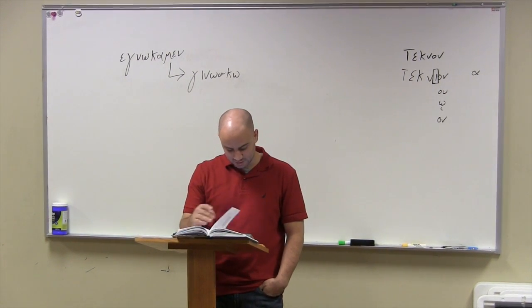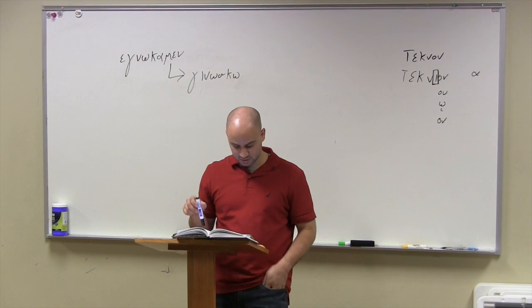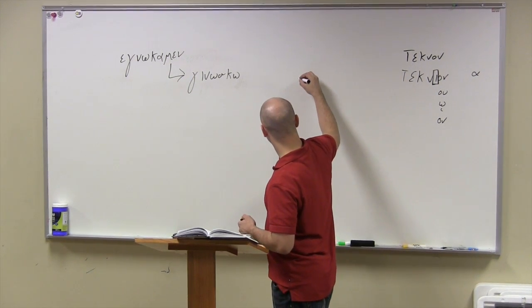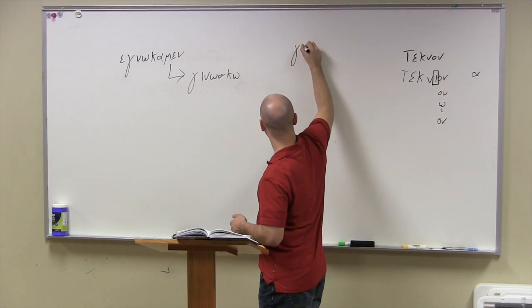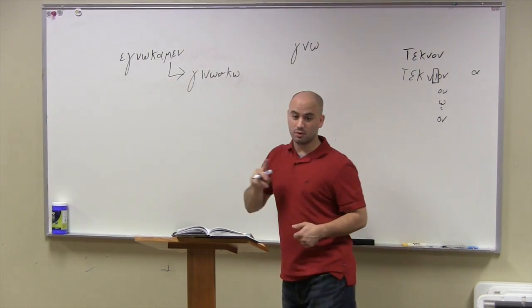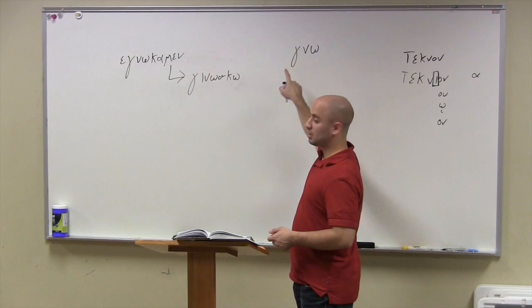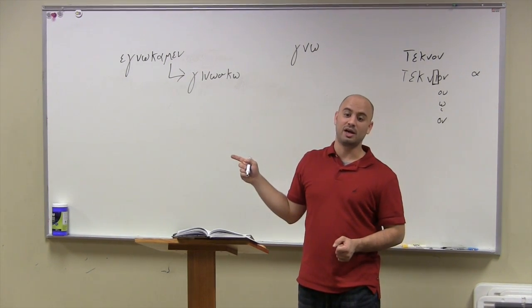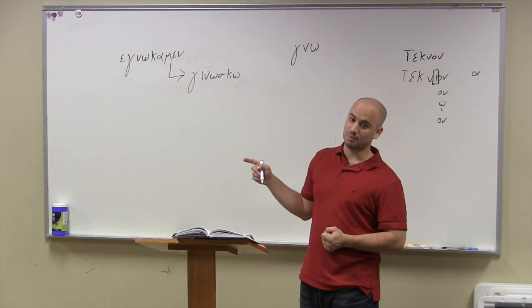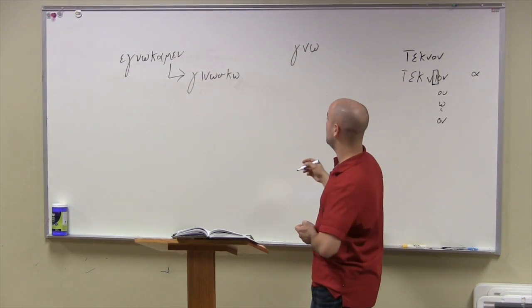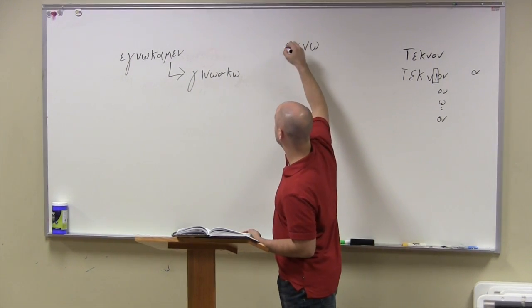I believe it is the combination of the gamma. So this is from Gno, right? That's our root. And because of the gamma nu combination, reduplication isn't allowed to take place. So you drop the reduplicated gamma, and instead you just have the epsilon that persists.